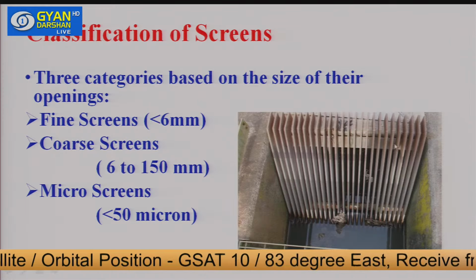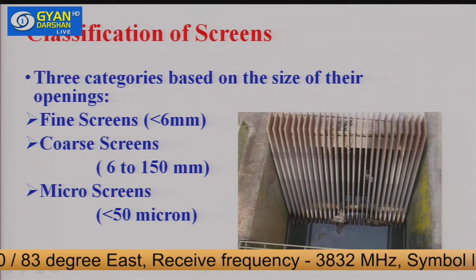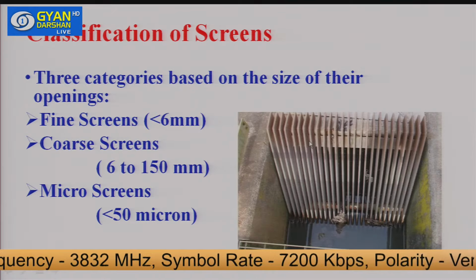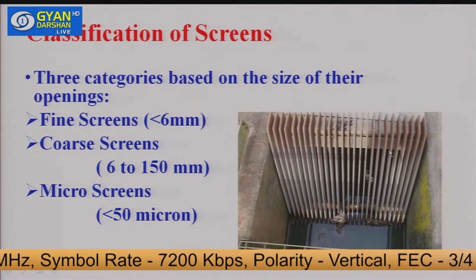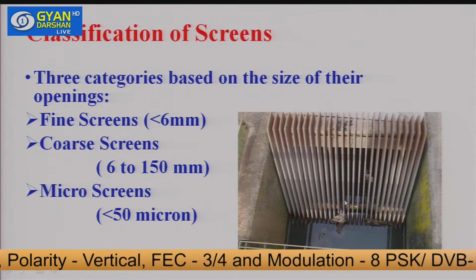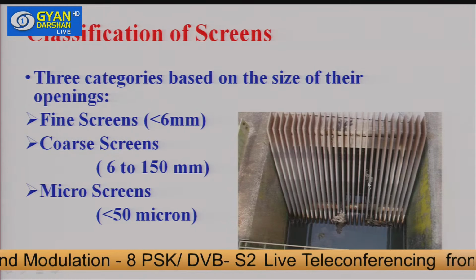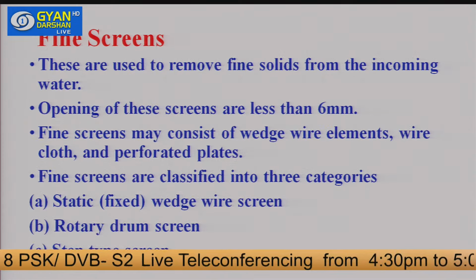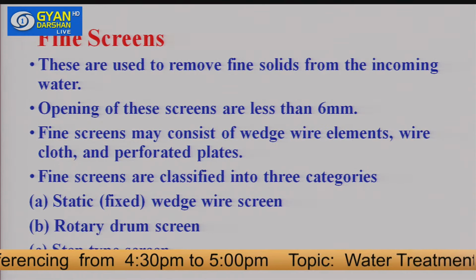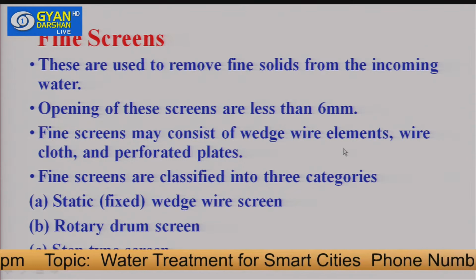Here you see the picture of the coarse screens. Basically these are bar screens, made of metal or iron plates or bars. The floating objects get stuck in these screens and are removed from there. Fine screens are used to remove the fine solids from the incoming water. The opening of these screens is less than 6 mm, as I told you.